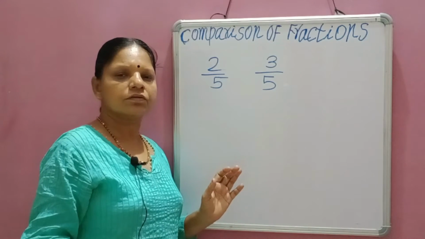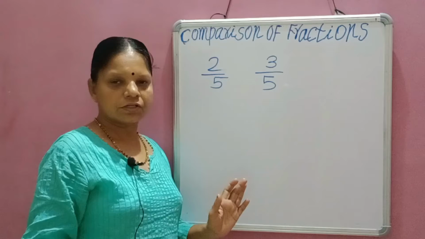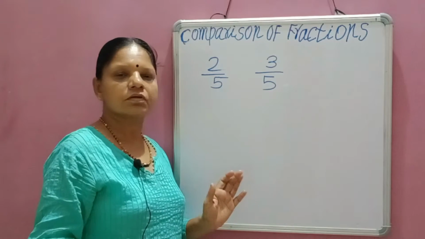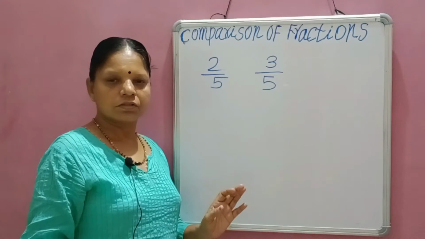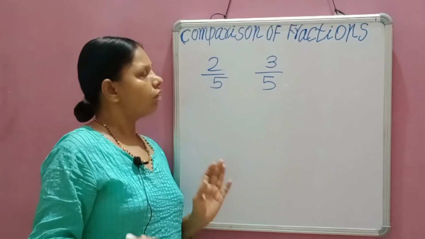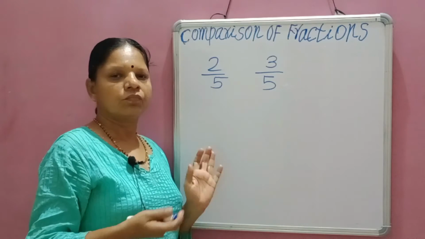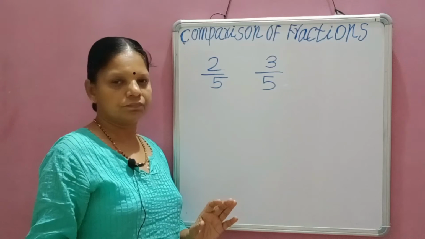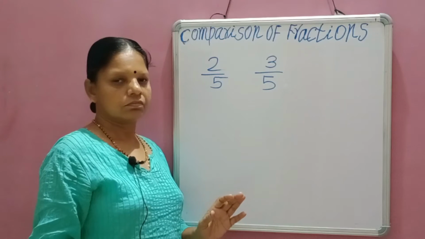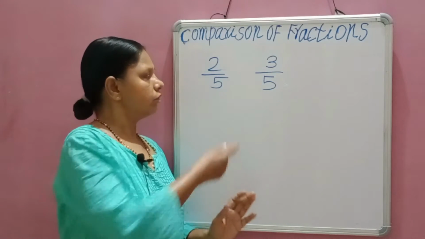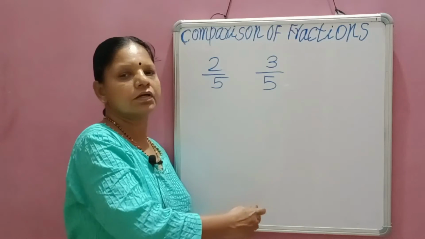Which numerator is smaller, that fraction is smaller. Or which numerator is greater, that fraction is greater. Or if both the numerators are same, both the fractions are equal. Clear? So very easy. This is only when the denominators of both the fractions are equal.